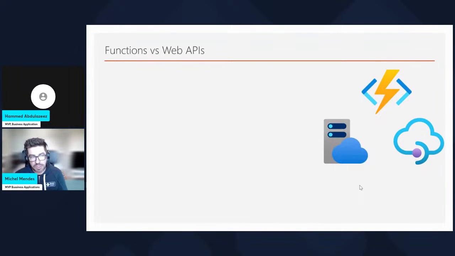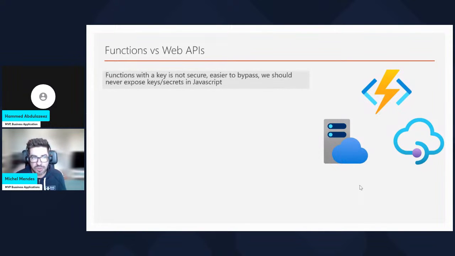In some projects and some posts around, sometimes you see people using Azure Functions instead of custom web APIs. And if you don't authenticate properly with an authentication token, sometimes people simply use Azure Functions with a function key, and that's not the most secure way.